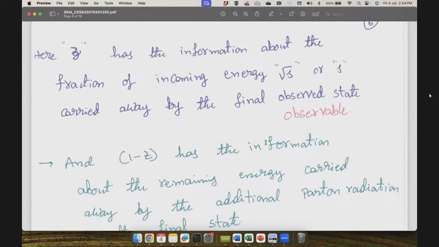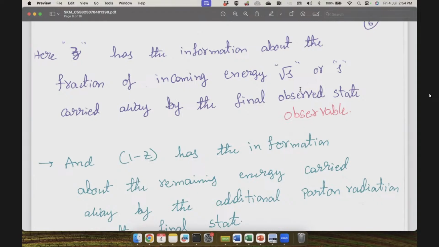So here z has information about the fraction of incoming energy. What does it actually mean? The incoming energy is root s, carried away by the final state observed particle. Suppose root s is the total incoming energy. A part of that system is carried away by your observed Higgs or observed Z boson, for example.